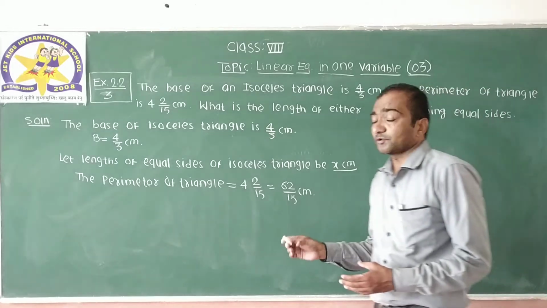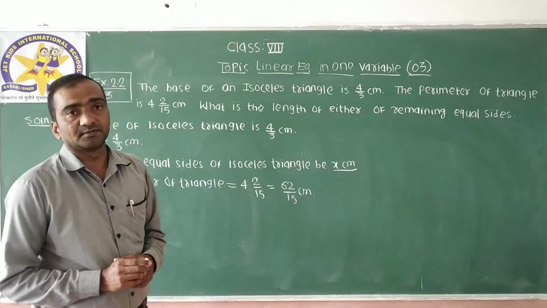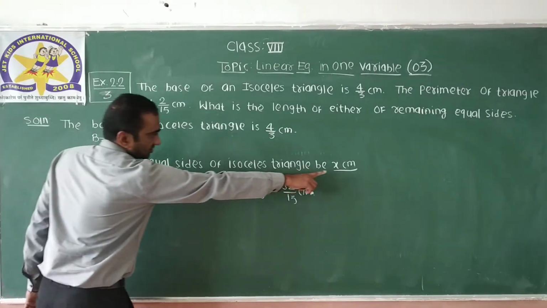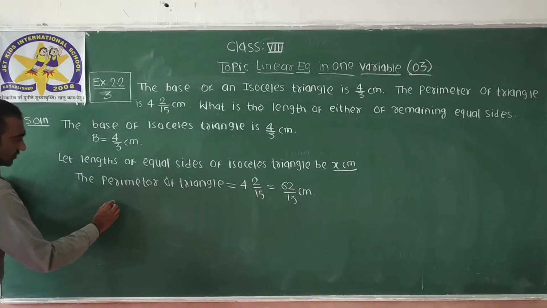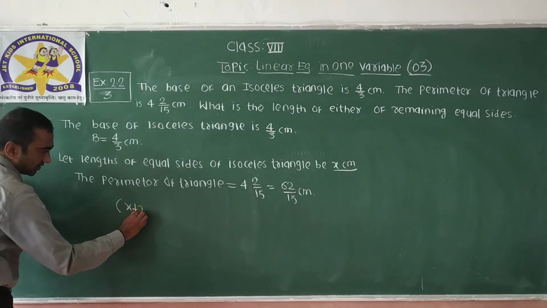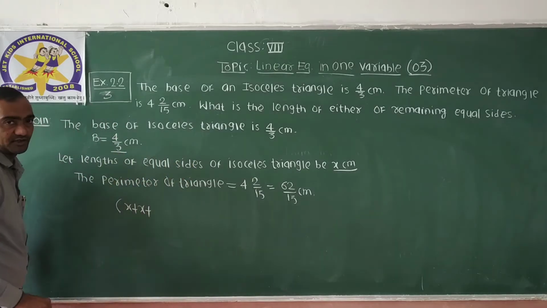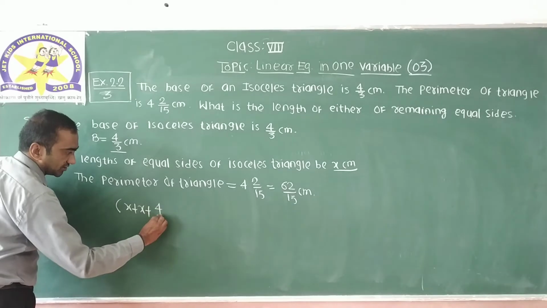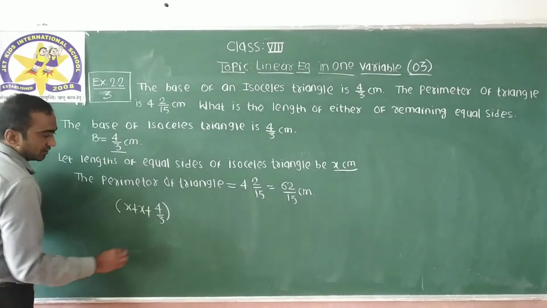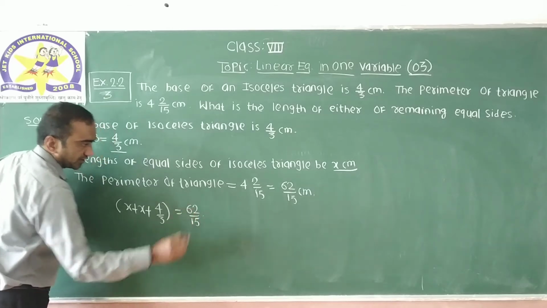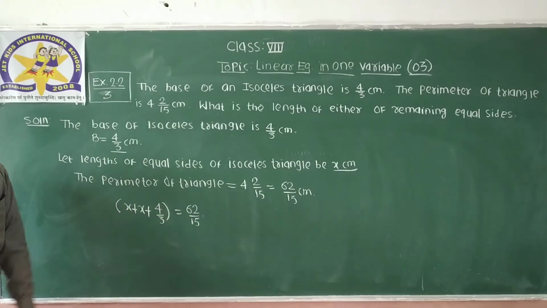What is the formula to find the perimeter of the triangle? Sum of 3 sides. Now the two equal sides are x plus x, and the base of that triangle is 4 by 3 centimeter, plus 4 by 3, equals to 62 by 15. Okay, perimeter is the sum of 3 sides.